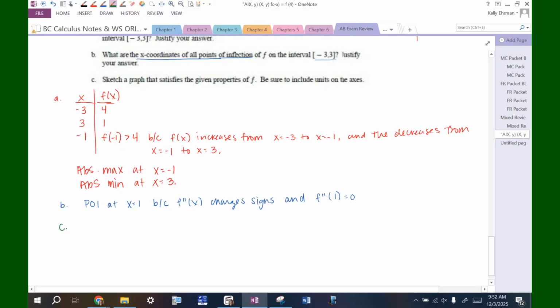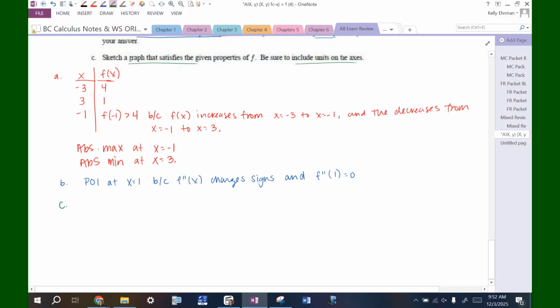Okay, part C, sketch the graph. I already kind of did that, but include units on your axes and all that stuff. So here's x, here's f of x. We have two specific points we can plot. At -3, we're at 4, and at 3, we're at 1.